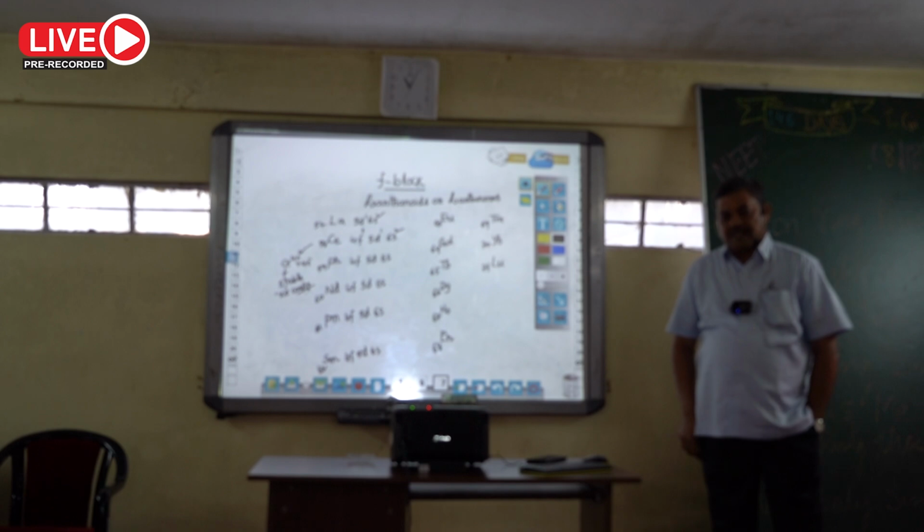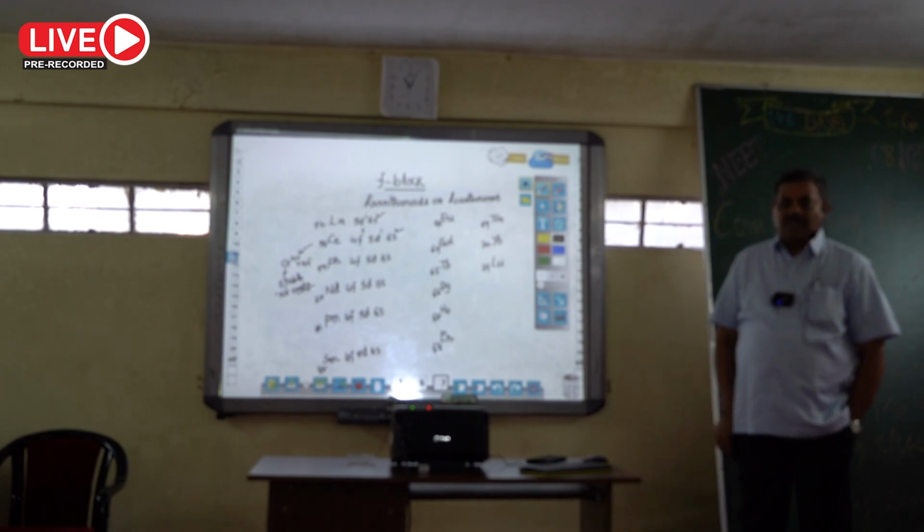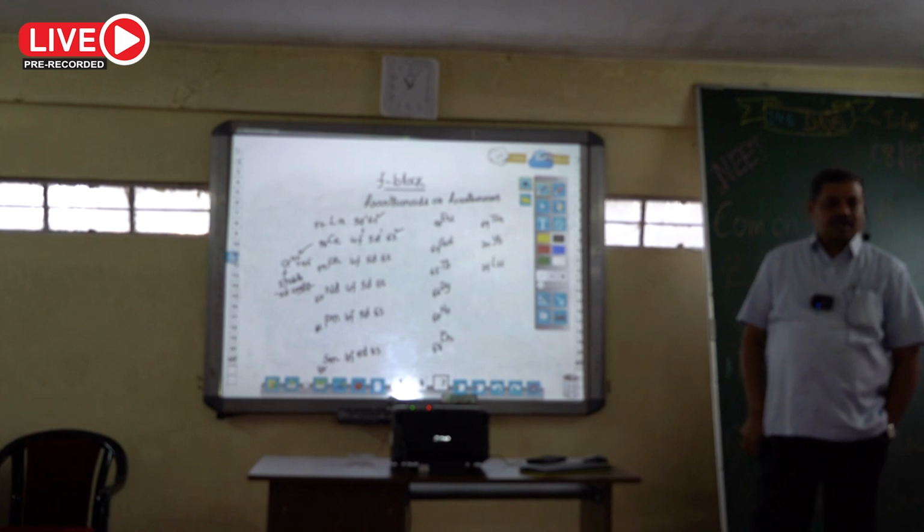Cerium is ready to form Ce4+ because it is going to get stable xenon configuration.